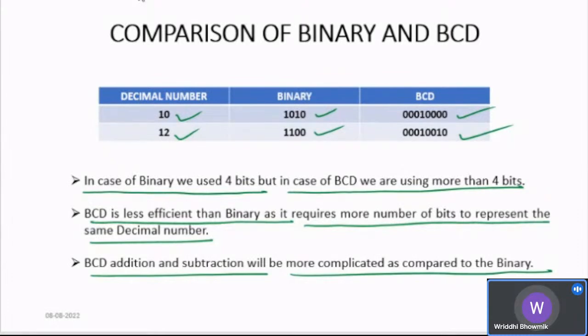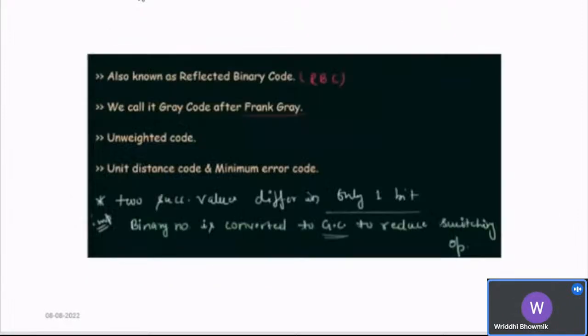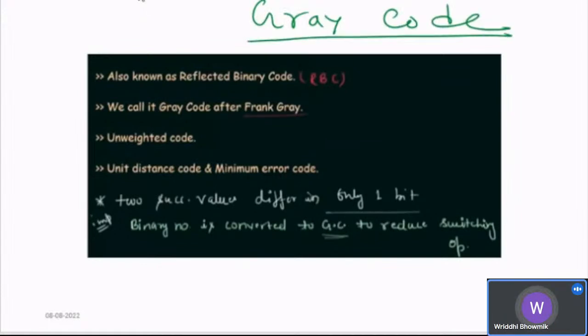And BCD addition and subtraction are also more complicated as compared to binary. Okay, we will do some BCD addition and subtraction a little bit later. Before that, we will study another code which is known as gray code.